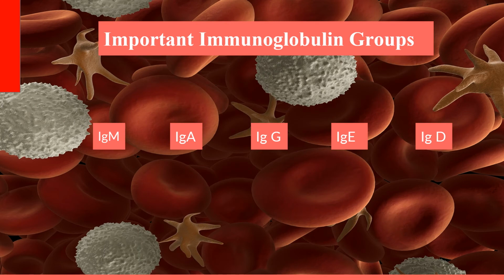Another name for antibodies is immunoglobulins. Important types of immunoglobulins produced include IgM, IgA, IgG, IgE, and IgD.